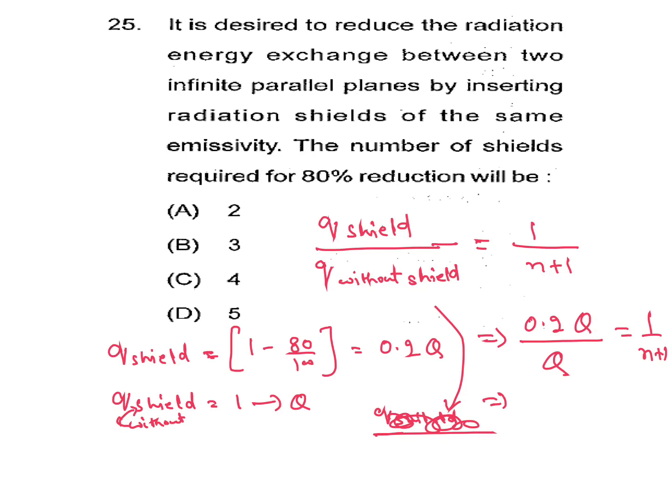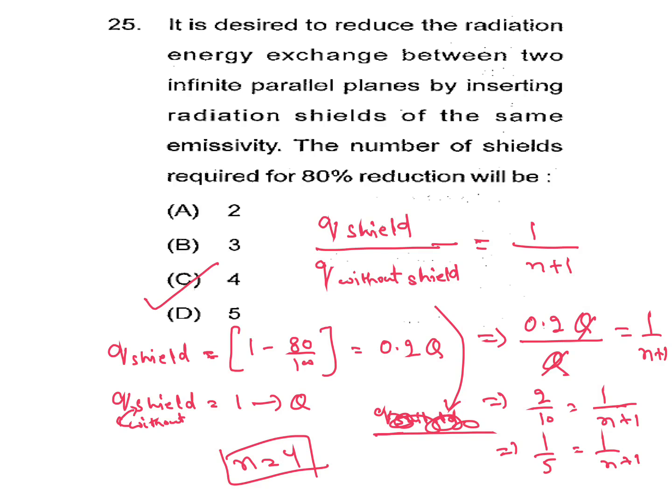So 2 by 10, which is 1 by 5, equals 1 by (n plus 1). So n is 4. Number of shields required is 4. Directly also we can solve: 0.2 equals 1 by (n plus 1), n equals 4. Only thing is you have to check what the percent of reduction is.